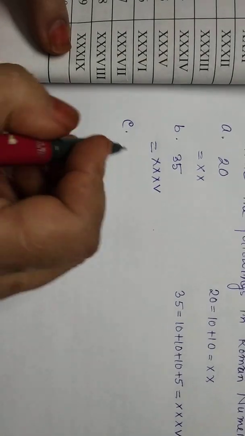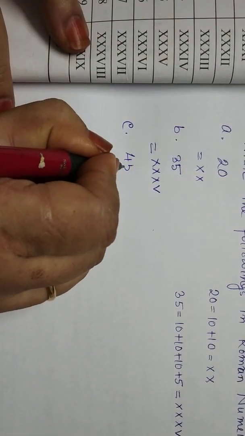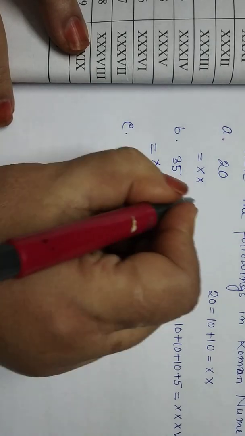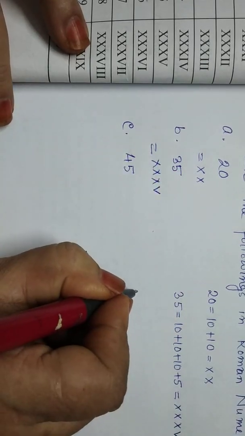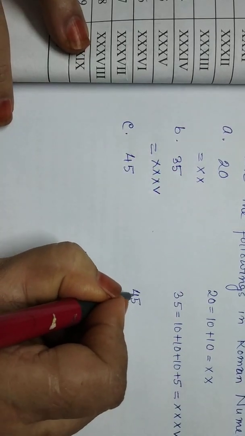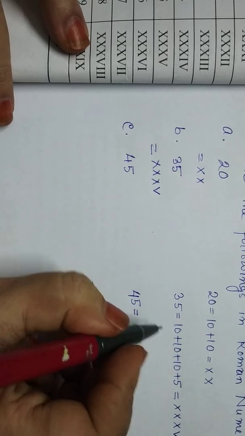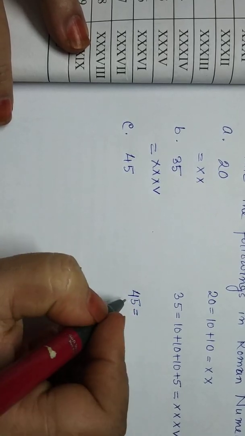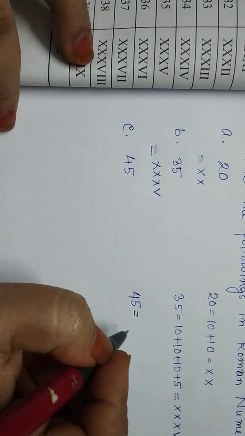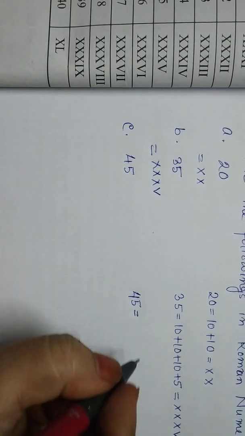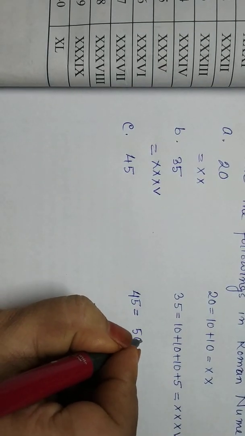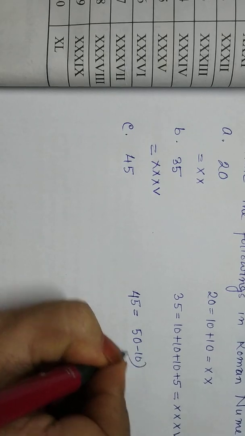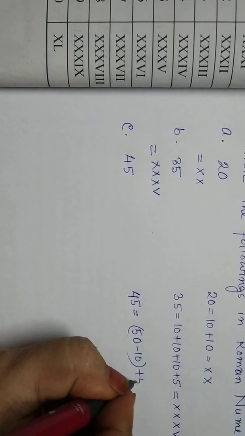Next, C. In C, 45 is given. Here we would repeat X three times, but we can't repeat it 4 times. That's why we have to write 50 minus 10, which is 40, plus 5.